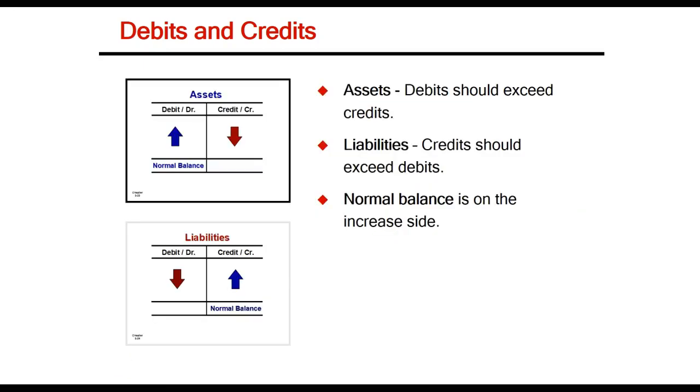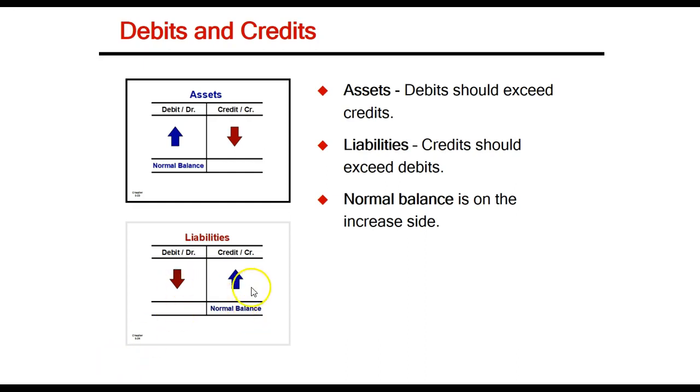Now you recall the balance sheet equation. Assets equal liabilities plus equity. Assets are on the left-hand side of the equal sign. Liabilities and equity are on the right-hand side of the equal sign.